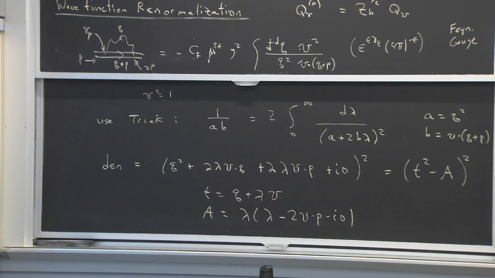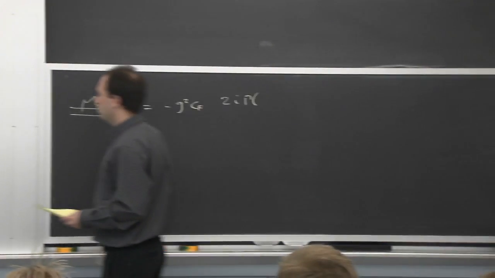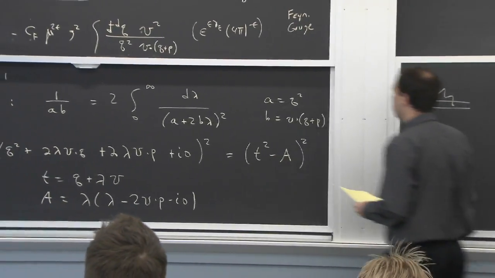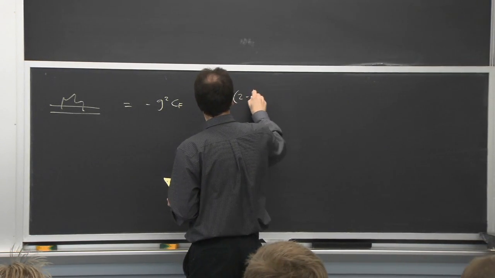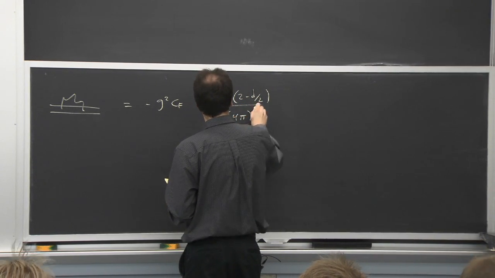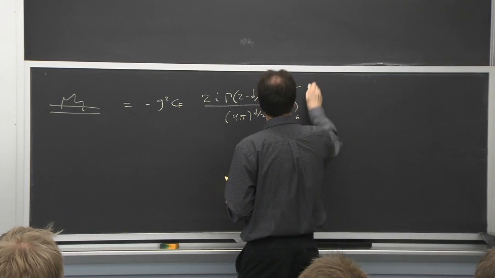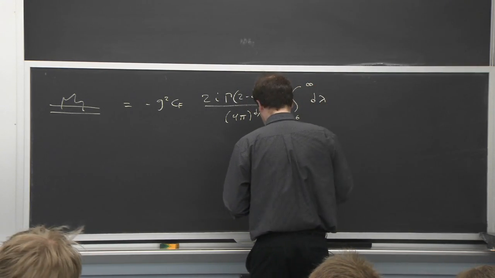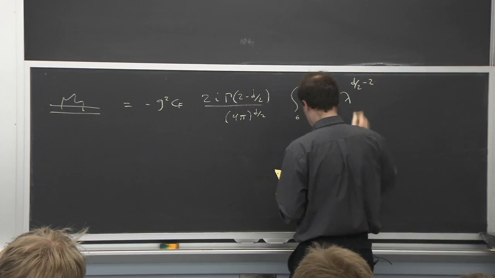Now we just have a usual quadratic integral that we can use the standard rules to do. And then instead of an integral over x, we have this integral over lambda.